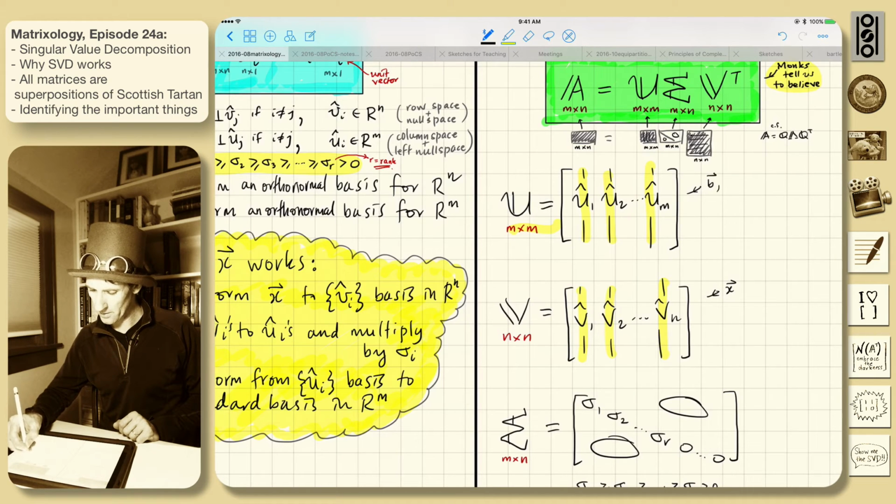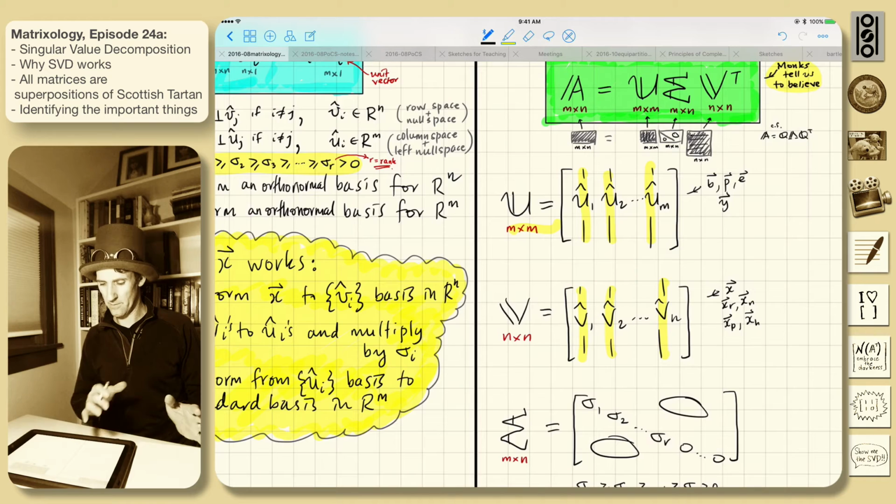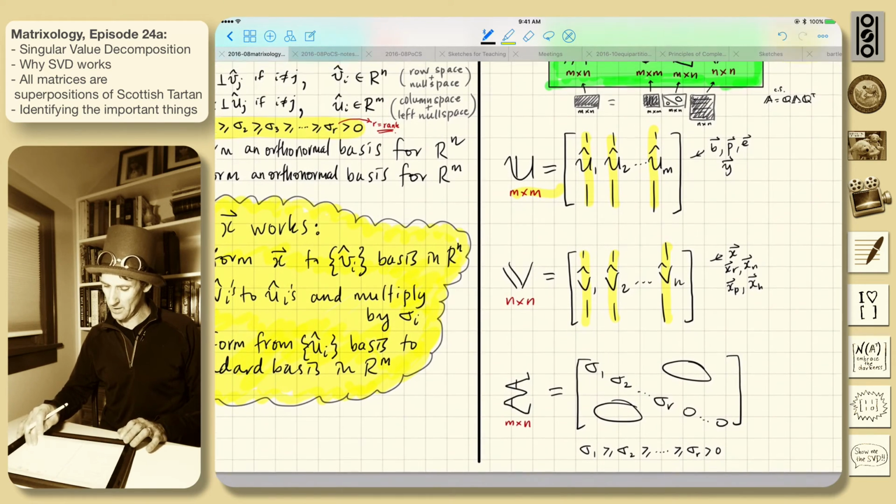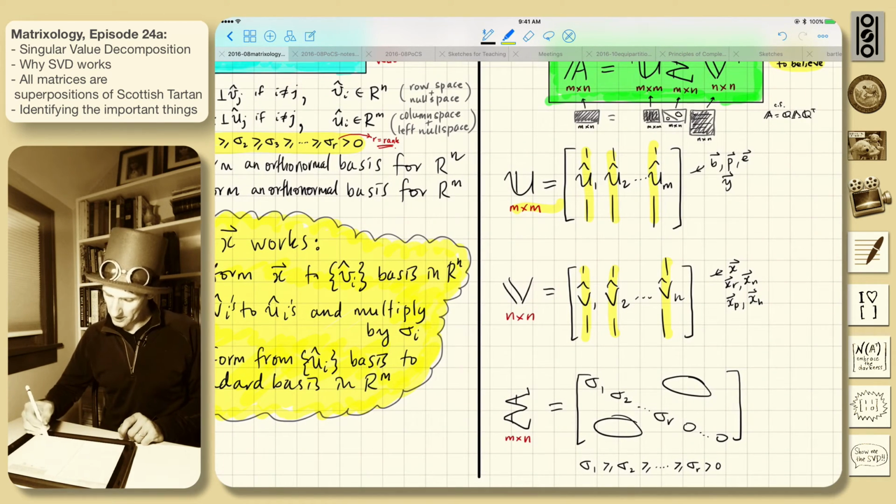The b's, the p's, the e's, y lives here. We also wrote xr for row space, xn for null space, xp for particular, xh for homogeneous. That's the different worlds, right?